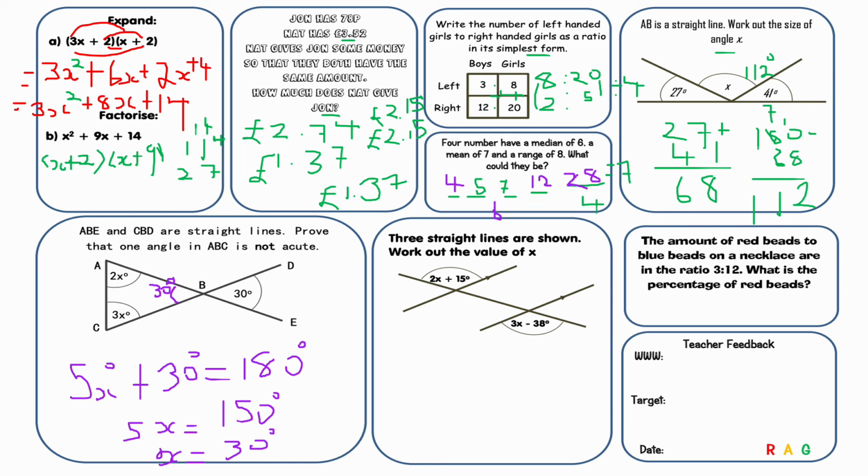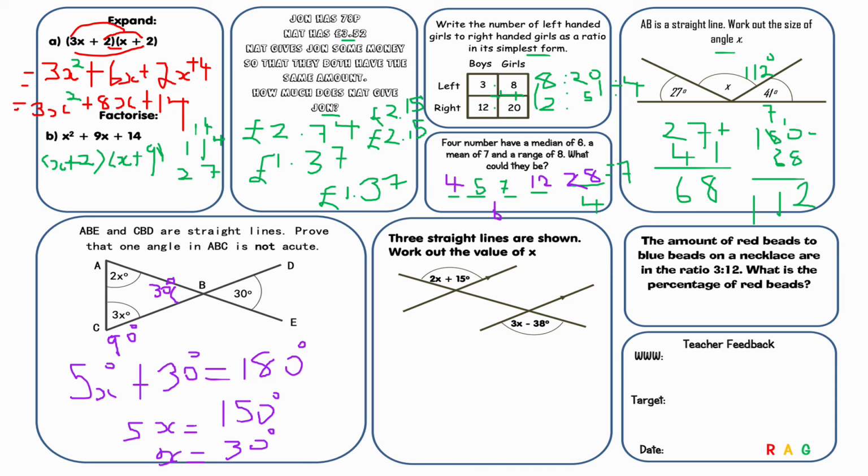So if I sub that in here, I get 3 times 30, which is 90. 90 is not acute, so I've now proved that statement. So one angle here is not acute, so angle C is not acute, or angle ACB is not acute.